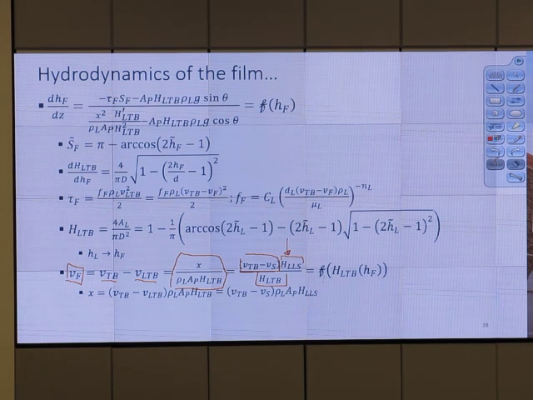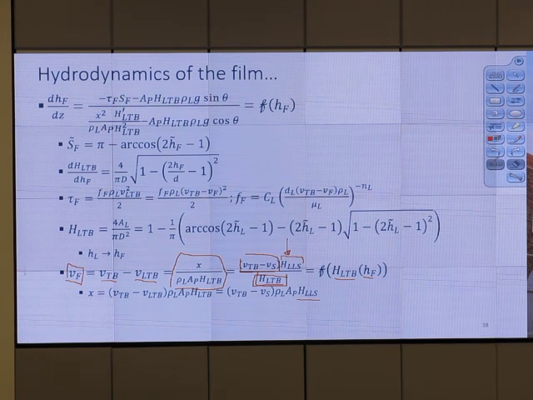And I said VF, which is the relative velocity, is a function of hold up inside the film. And that hold up is also a function of HF, right? So VF is a function of HF and X is a function of HLLS. So we need the input of HLLS, hold up inside the slug body, even though we do the calculation for the film.